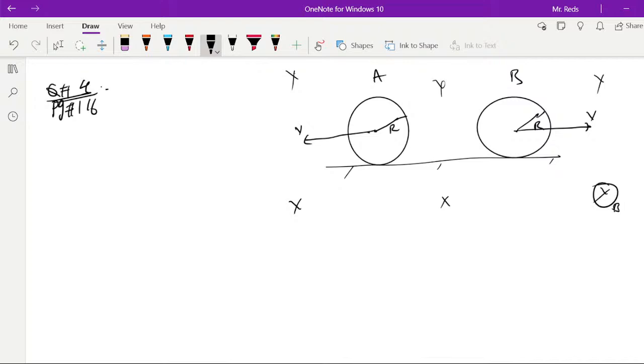In this field, when a constant magnetic field B is pointing into the plane of the paper, what is the potential difference between the highest points of the two rings when they are moving? What is the potential here and here? Let us say this is the first one, A, with potential VA, and here the potential VB.